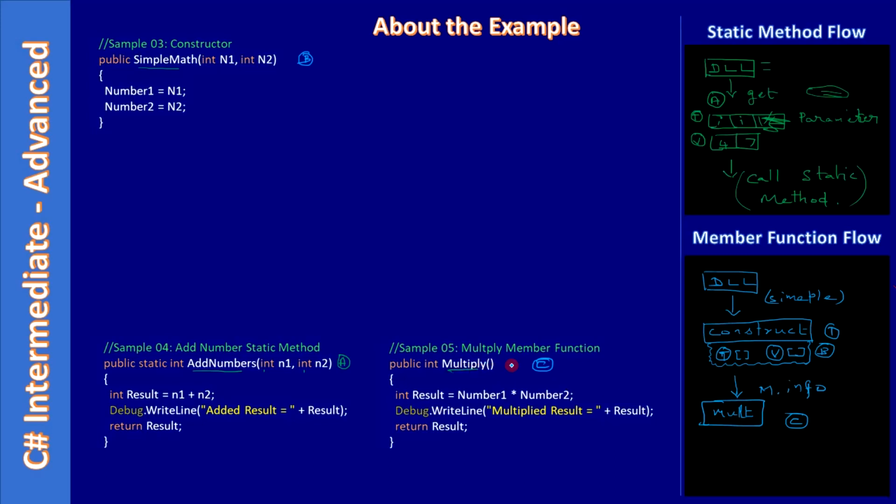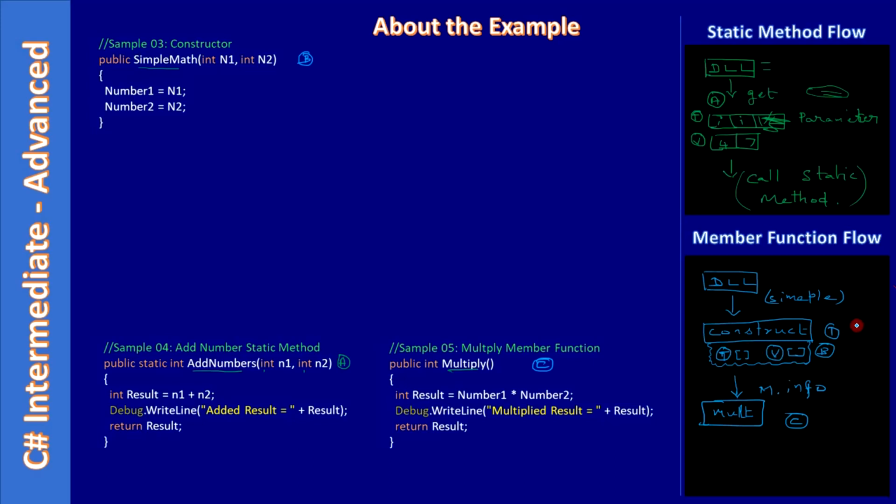But if this member function receives some parameter also, then we will be following the same routine here. That means we will construct the type array, then the value array, and we will pass it. And we know that this multiply function will make use of the internal member initialized here. Why?